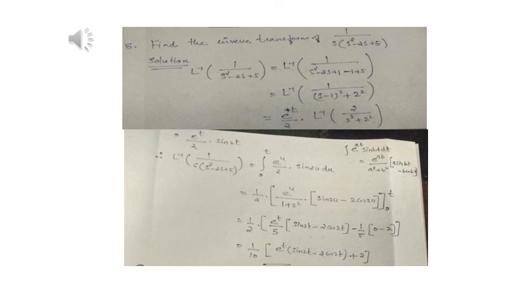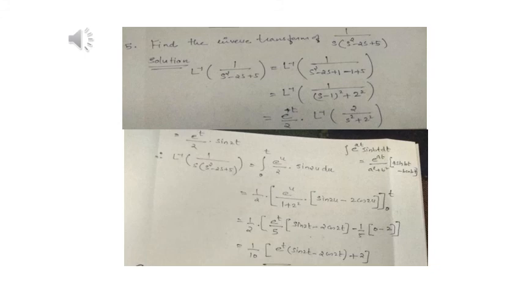Okay, now we need to find out 1 by s into s square minus 2s plus 5. So L inverse of 1 by s into s square minus 2s plus 5 is integral 0 to t of f of u du. That means we are having f of t here. So put u instead of t. So that is integral 0 to t e raised to u into e raised to u by 2 into sine 2u du എന്ന് കിട്ടും.